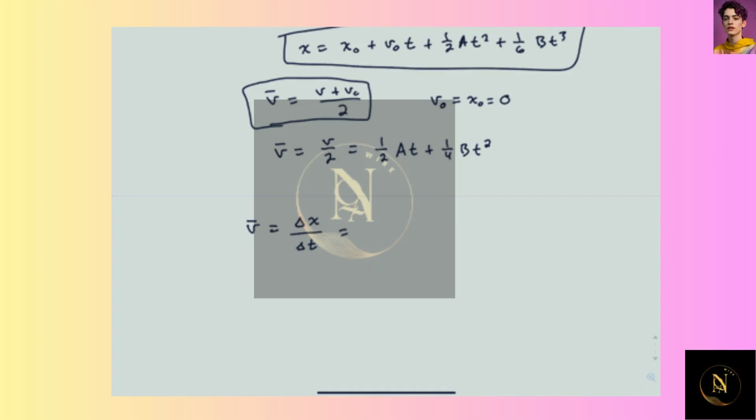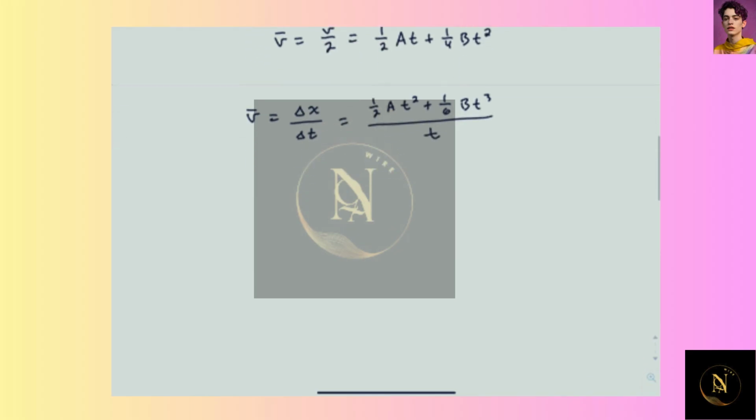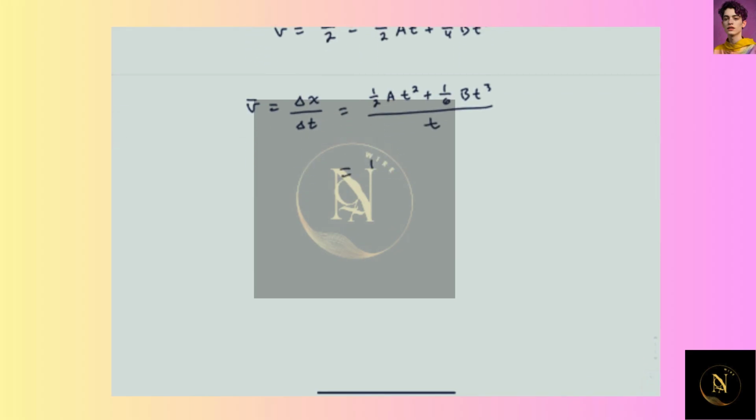So this is going to be 1/2 at squared plus 1/6 bt cubed over our delta t, which is just t because we're going from 0 to t. And so this is 1/2 at plus 1/6 bt squared.